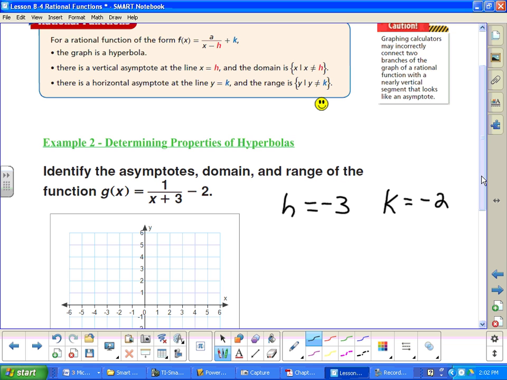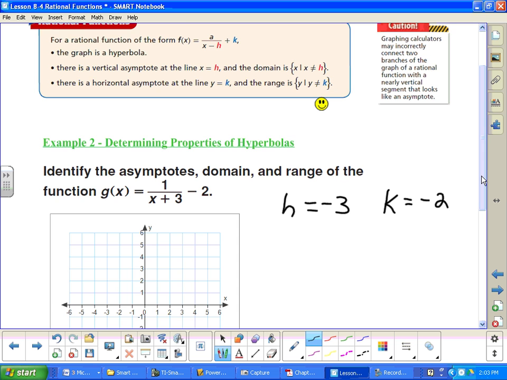Okay? And also think of it this way: what would cause the denominator to be equal to 0? Negative 3. When we're doing horizontal translations, it's always the opposite. Because it's like, what would cause that to be equal to 0? If I put negative 3 in here, the denominator would be equal to 0.